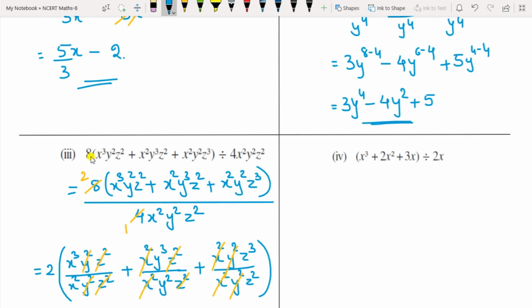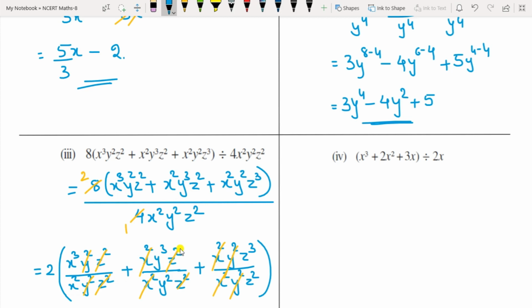Here also, this is the whole polynomial divided by 4x square y square z square. So the 8 is outside the bracket, so we can cancel it. 4 1s are 4, 2s are 8. Now inside the bracket, this denominator, separate it, write it for all the terms of the numerator. So here y square, like terms will get cancelled.